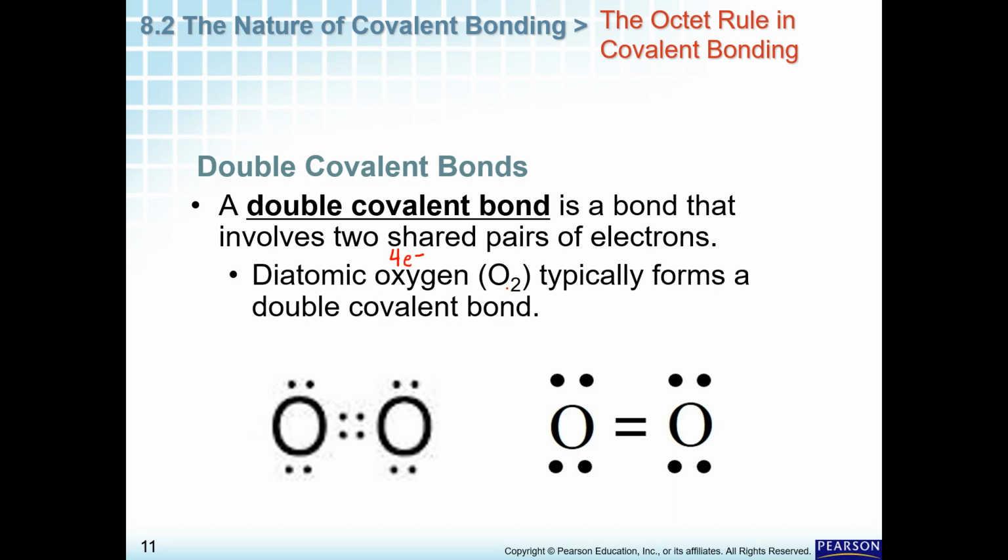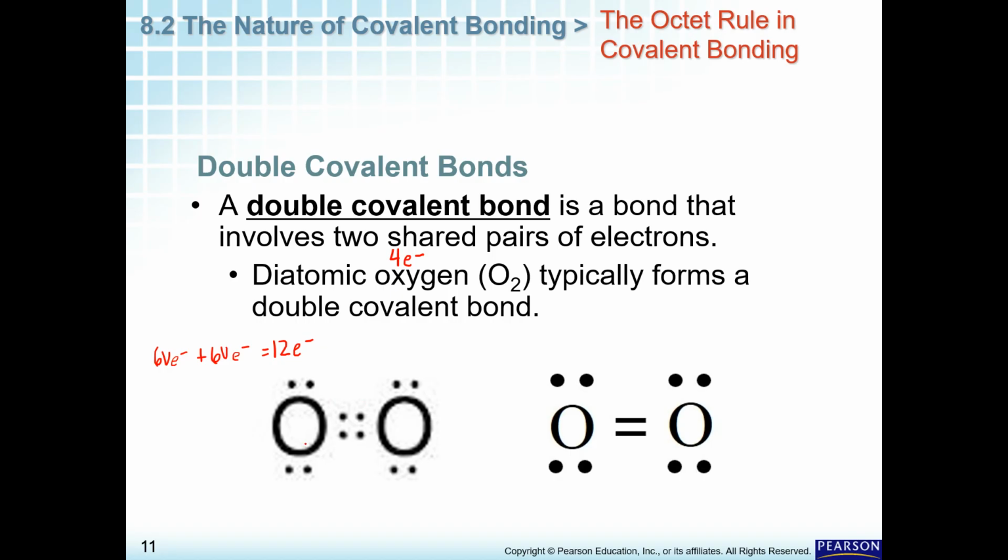Diatomic oxygen, or O2, is a good example of something that will have a double covalent bond. Each oxygen donates 6 valence electrons, plus 6 valence electrons, which means I can only work with 12 electrons. Can't have any more than 12 and can't have any less than 12. So in order to get a full 8 electrons around it, they have to share 4 electrons, or 2 pairs.